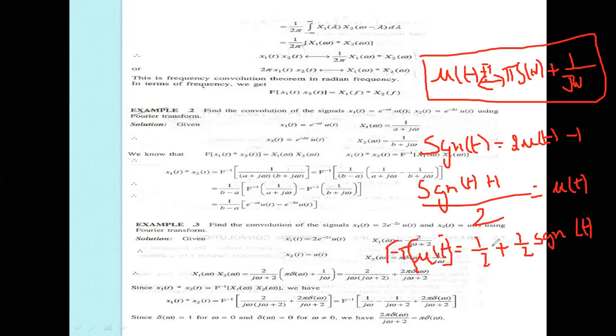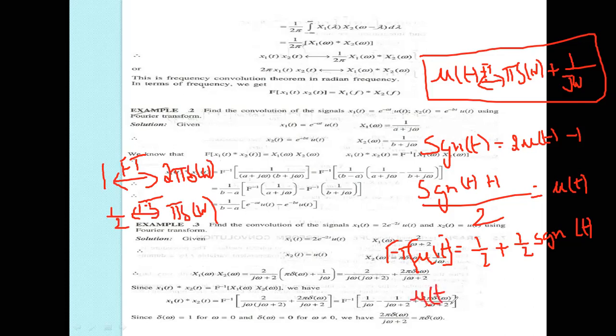Okay. Now, what is the Fourier transformation of 1? The Fourier transformation of 1 is 2 pi into delta omega. Okay. For 1 by 2, the Fourier transformation is pi into delta of omega. So the Fourier transformation of 1 by 2 in mu of t is pi into delta of omega.